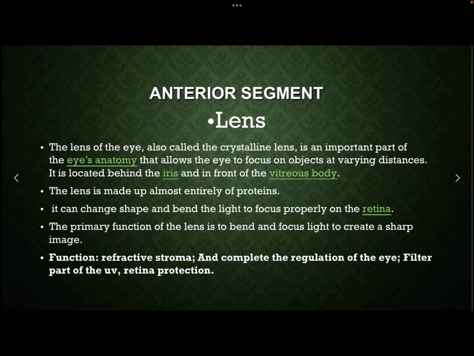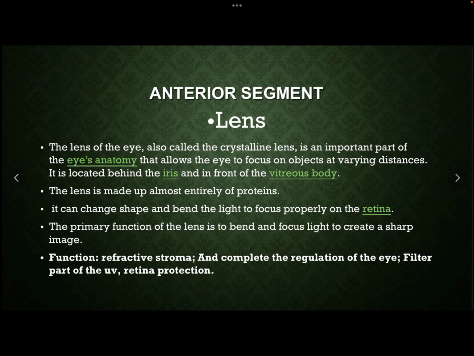Let's talk about the lens. The lens of the eye, also called the crystalline lens, is an important part of the eye's anatomy that allows the eye to focus on objects at varying distances. It is located behind the iris and in front of the vitreous body. The lens is made up almost entirely of proteins.